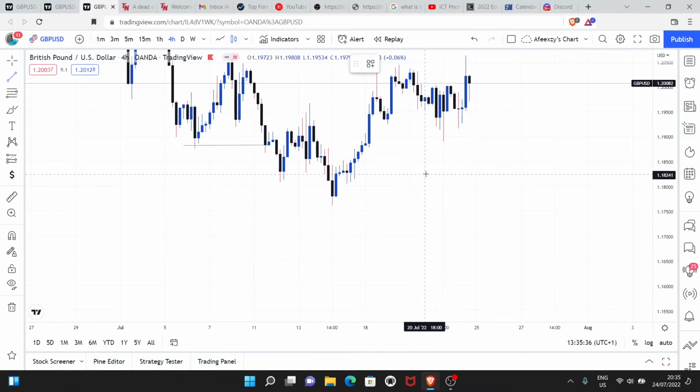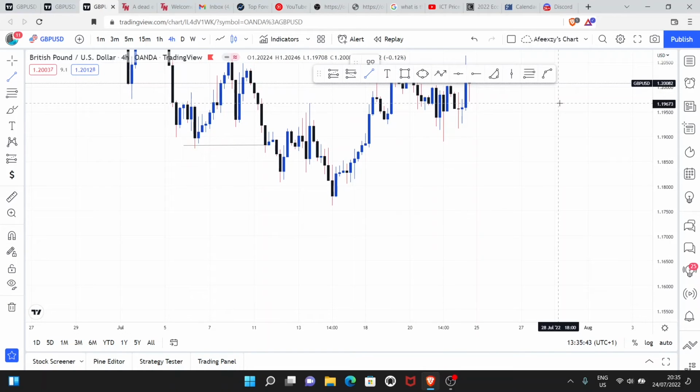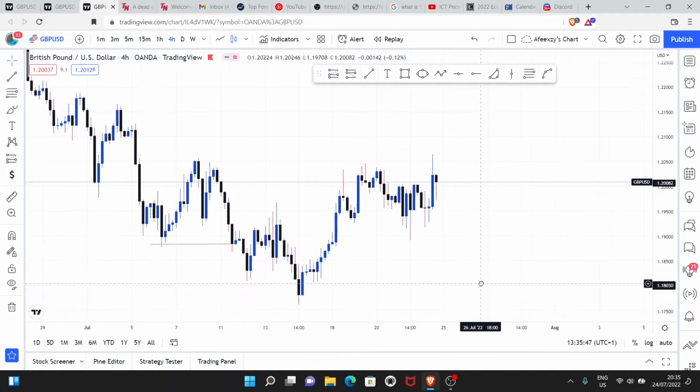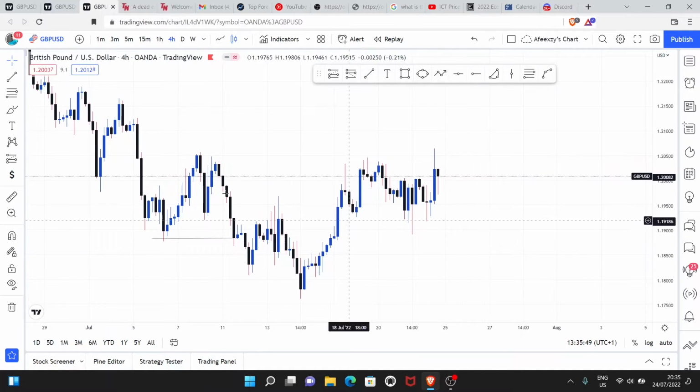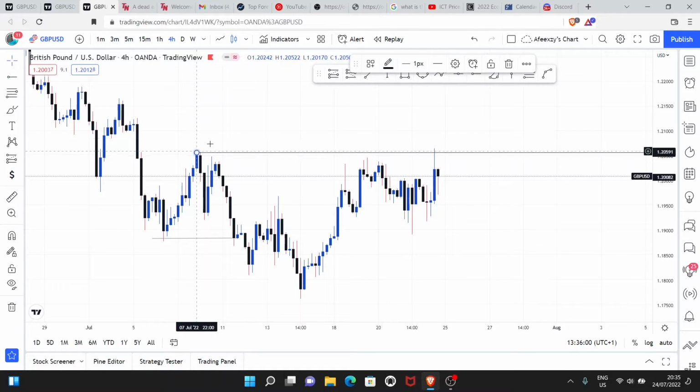So on the 4 hour time frame, as you can see, let me bring out my favorite tool. On the 4 hour time frame, I marked this key zone last week. I marked this zone as a potential buy side liquidity grab for a sell, and right now it seems rejected.